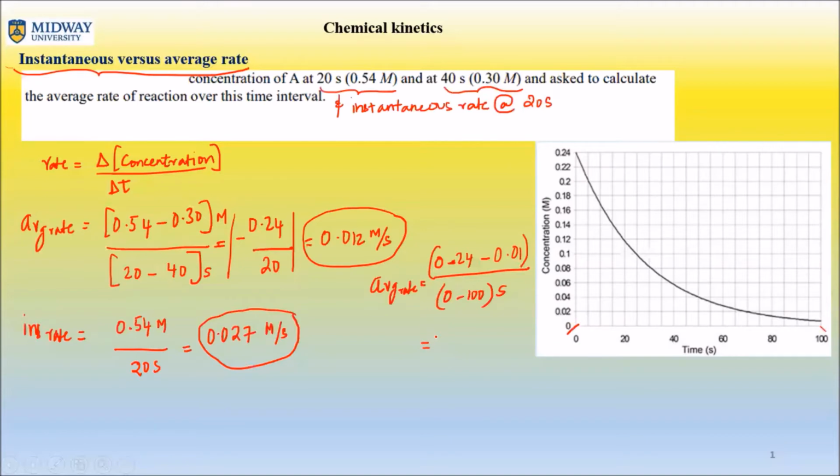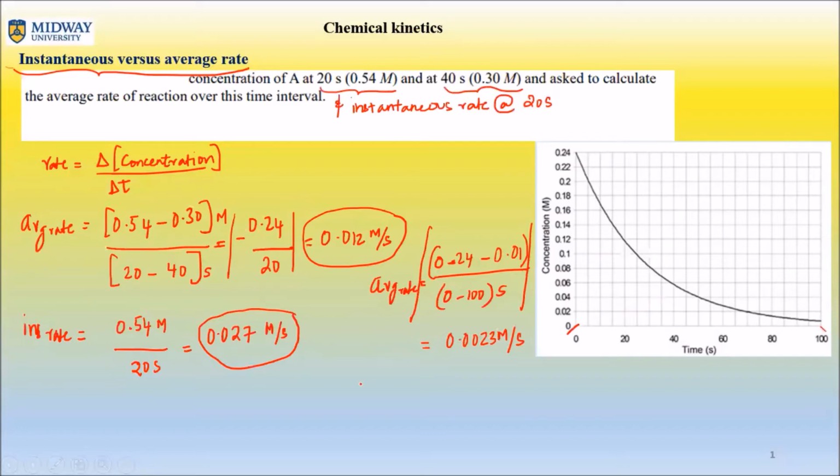So they know that you are going to make some assumption as far as the second number goes, but that's a really small value, so it's divided by 100. So again, you would get a negative, treat it as absolute value. Okay, so it'll be 0.0023 molar per second. Now this is for the entire reaction.